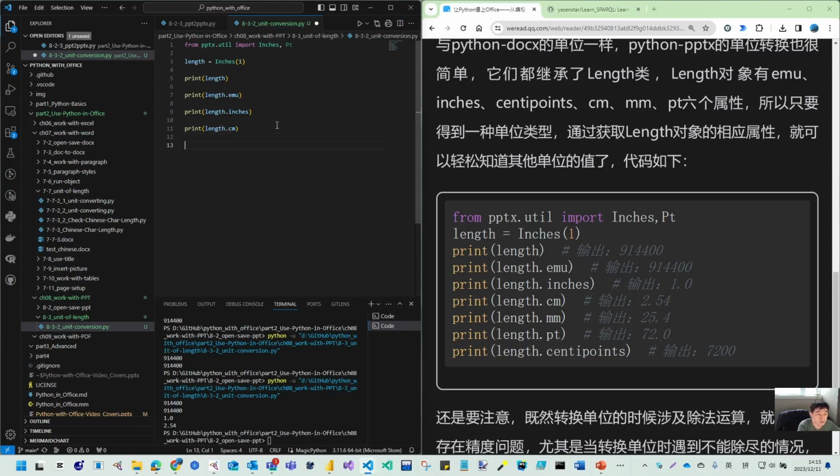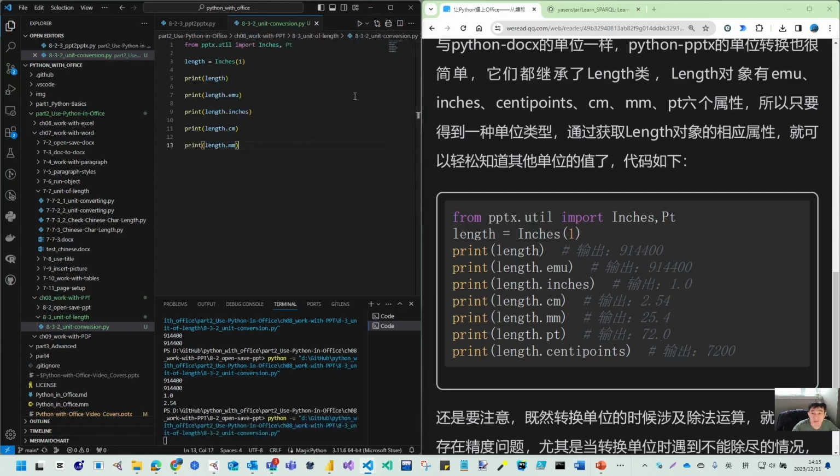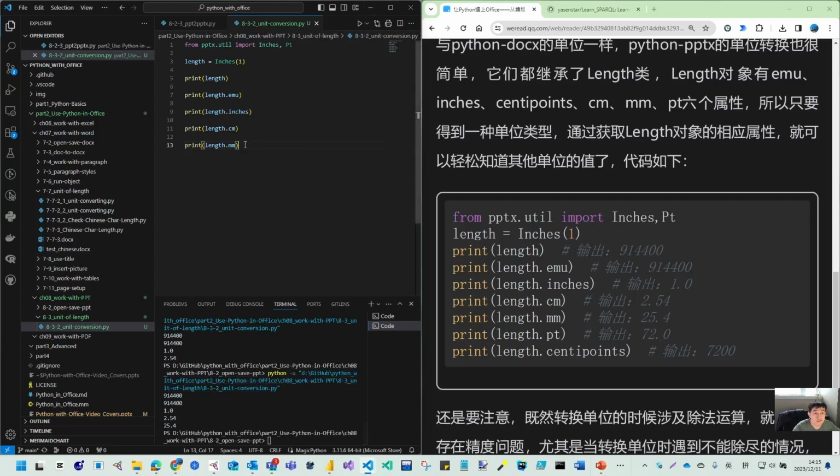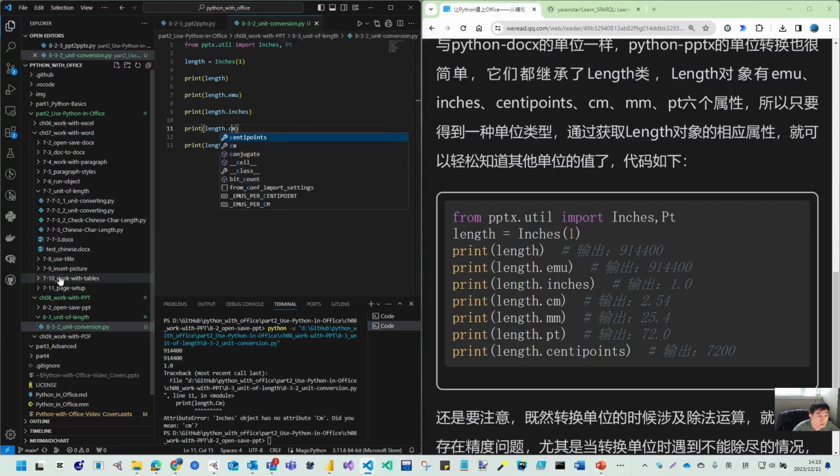Then it must be 25.4 mm, so we just put mm, and you get 25.4. If you put a capital C, let's see, you will get an error. Here you need to use this lowercase cm.